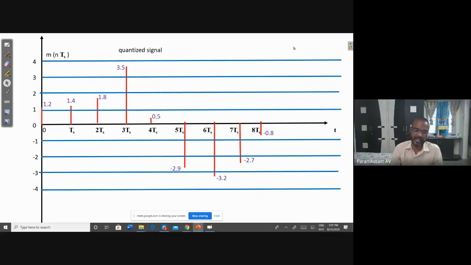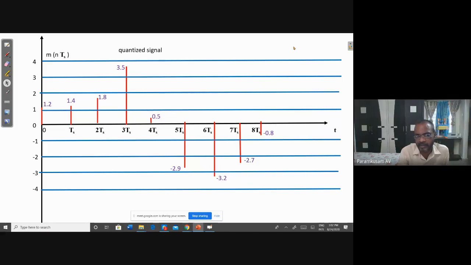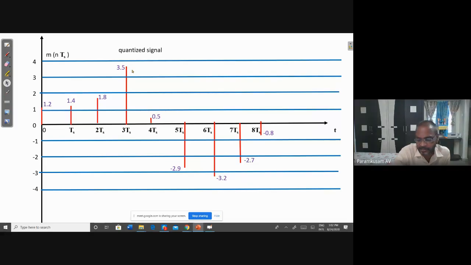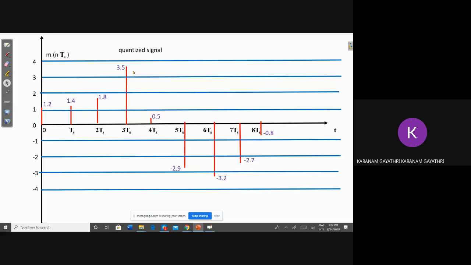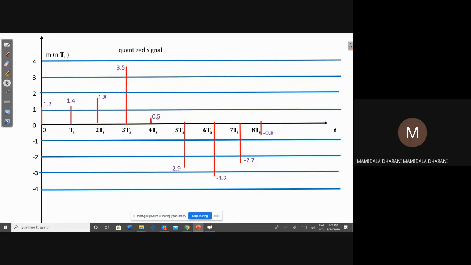Whatever value lies between 1 and 2, we approximate it to 1.5. Understood, everyone? Okay, sir. Whatever the sampled value may be, it is approximated to the mid value of that interval. It may be greater or less than the mid value. Next, 3.5 is mapped to... 0.5 is approximated to 0.5.